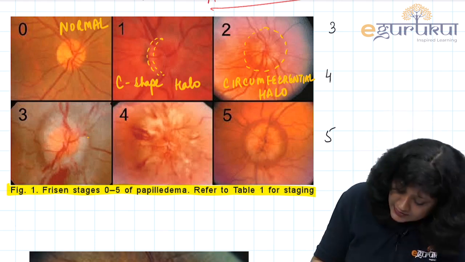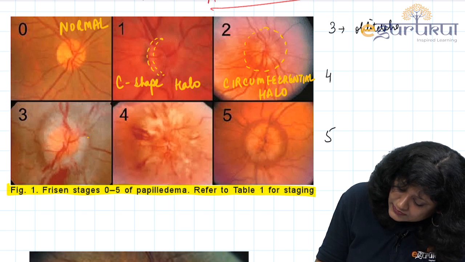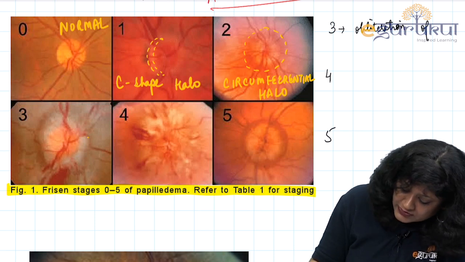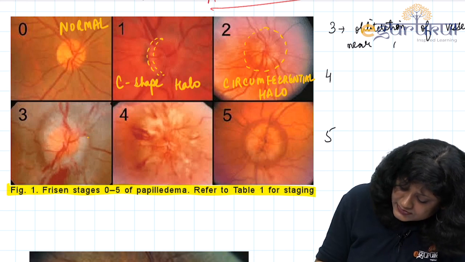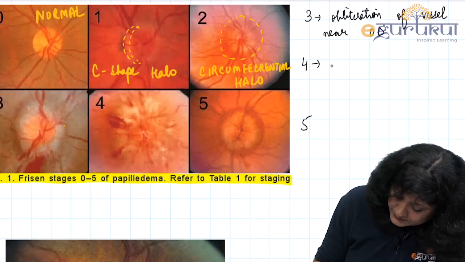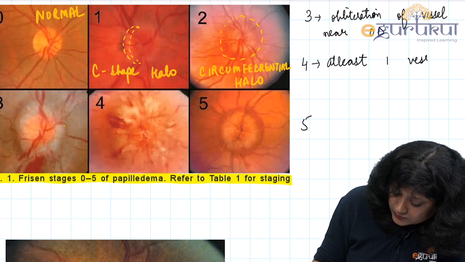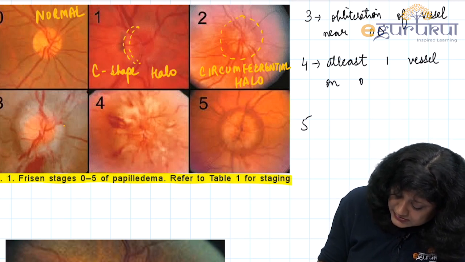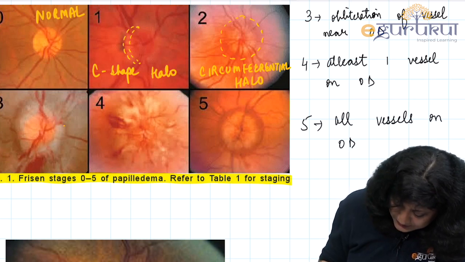So in the 3 we are getting the obliteration of the vessel near the optic disc. Then we have obliteration of the vessel, at least one vessel on the optic disc, and then all vessels, obliteration of all vessels on the optic disc.